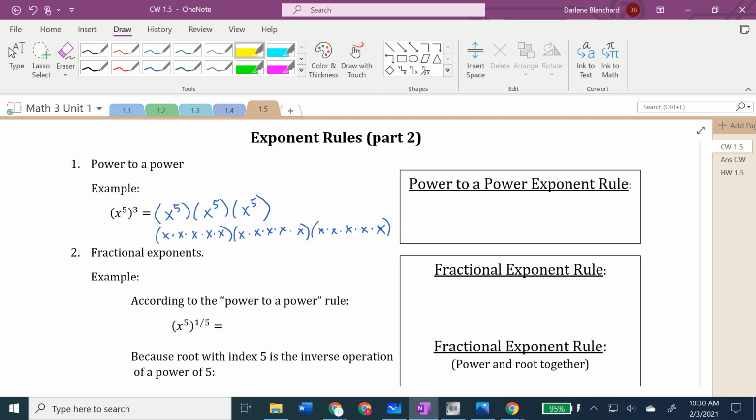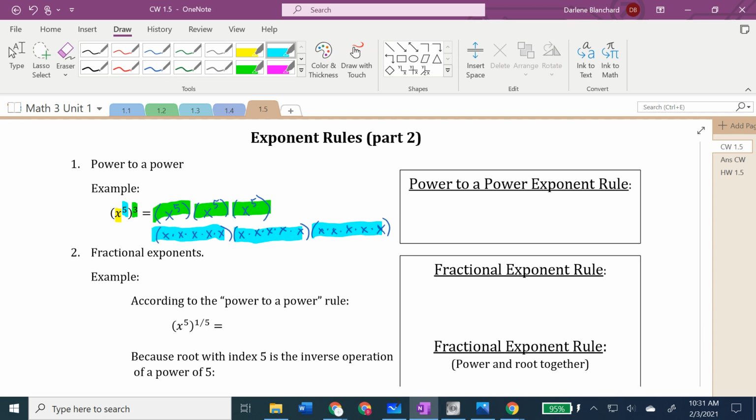I want you to understand that when you have one base to a power, it is telling you that you have 3 sets of 5 of those x's. See the multiplication of the exponents?